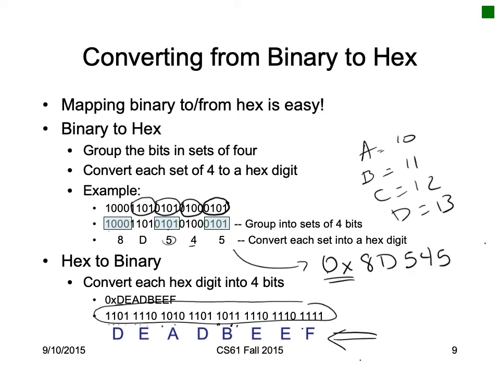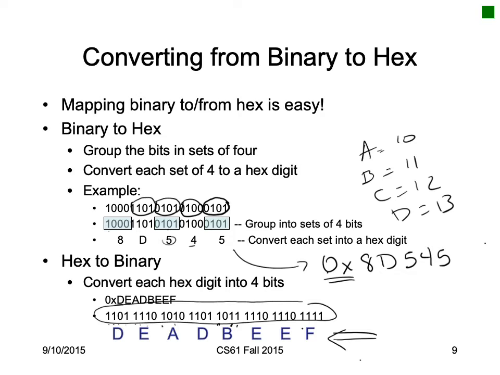So 0101 is equal to 5, because I've got a 1 in the ones place and the 4 place. Here, all we've got is a 1 in the 4 place, so lo and behold, that is equal to 4. The next set of 4 bits, 0101, I've seen that before, that's equal to 5.